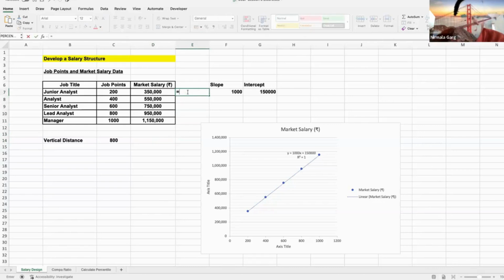So the vertical distance is 1,000 minus 200, which is 800. Also, the distance between the 200 job and the 400 job is 200.